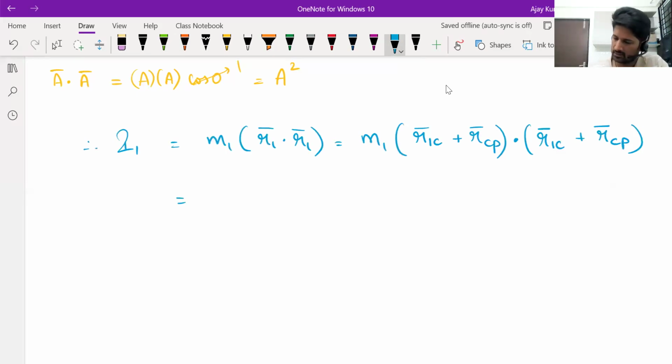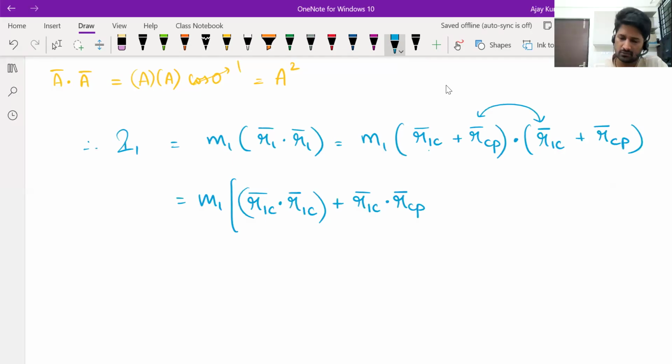Multiply, and you will get r1c dot r1c. That's the first term, plus r1c dot rcp, plus again rcp dot r1c also you will get, so I'll just write this as 2 times this.